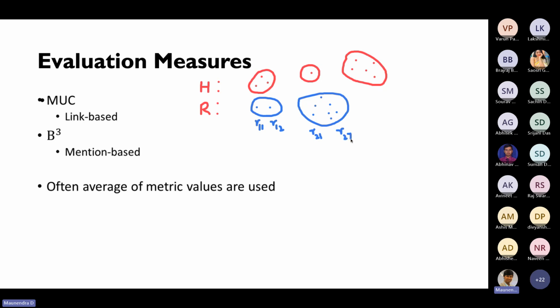These are the identifiers for the mentions. And here we have H11, H12, H13. Here we have H21, only one entry.